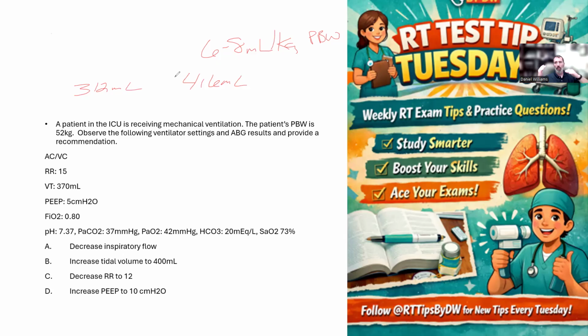Why am I not supporting that with a higher level of PEEP to try to get to the optimal PEEP setting for that particular patient, where you're getting the best oxygenation with the least amount of hemodynamic compromise as we're putting that positive pressure in the chest? So just by looking at the ventilator settings alone, I'm already thinking maybe that's the direction I'm going, but I'm going to assess my blood gas now and see what the answer choices are, because it does ask me to review the ventilator settings and the ABG, and then provide a recommendation.